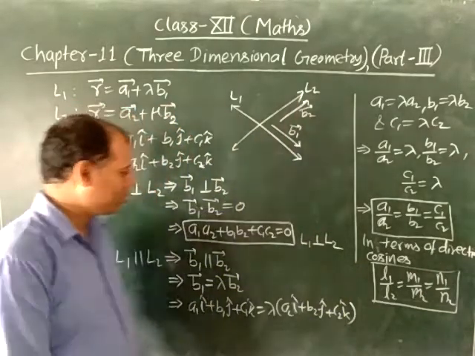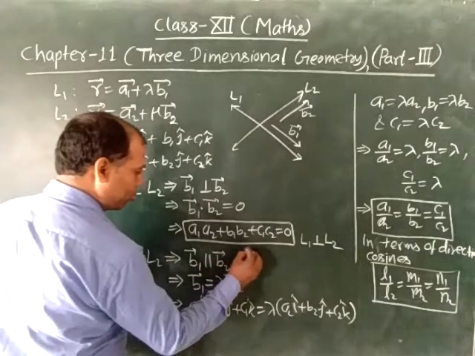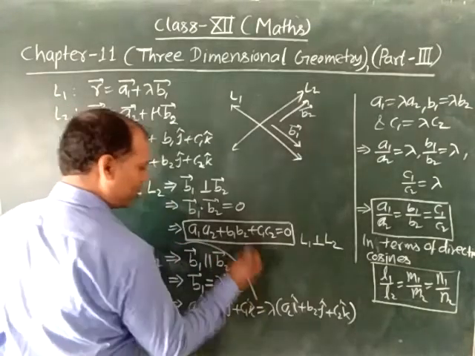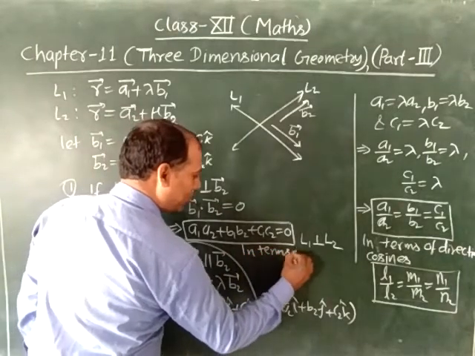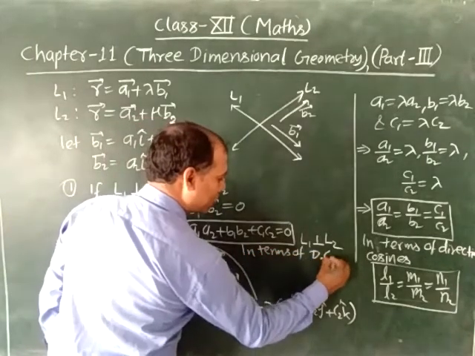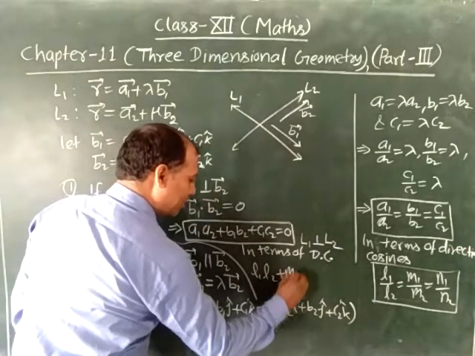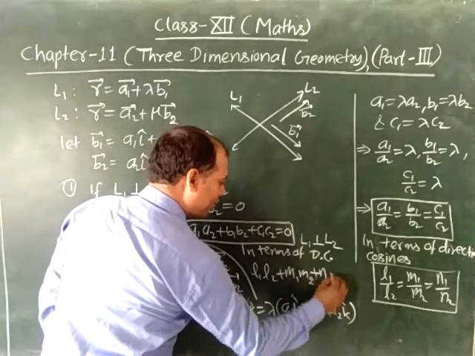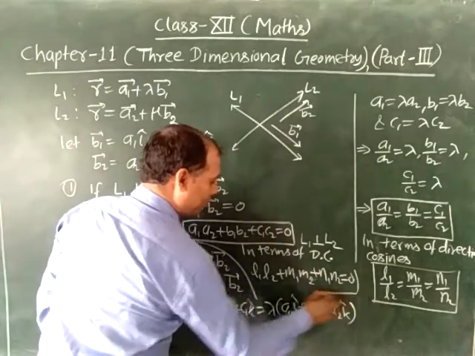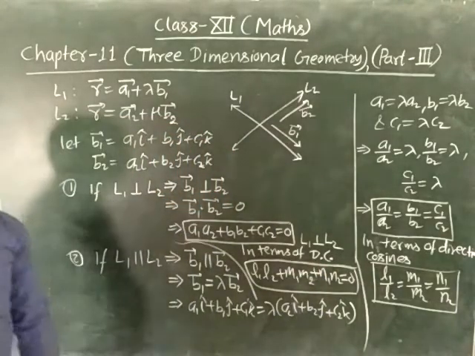Is it clear, students? Now this condition can also be written in terms of direction cosines. In terms of direction cosines, we can write l1 l2 plus m1 m2 plus n1 n2 equal to 0. Is it clear, students?